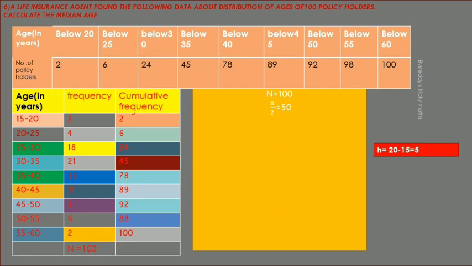So check in which two values 50 exists. 50 is between 45 and 78, so 35 to 40 is the median class, the class whose cumulative frequency 78 is greater than 50, that is n by 2.